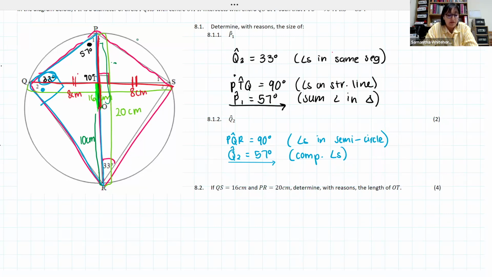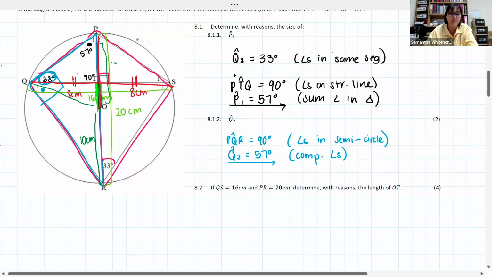So sort of getting there. If we have a look now, we have OT that we want, we have the length QT. And remember I said to you earlier, if you were to join O and Q, you would have a radius.